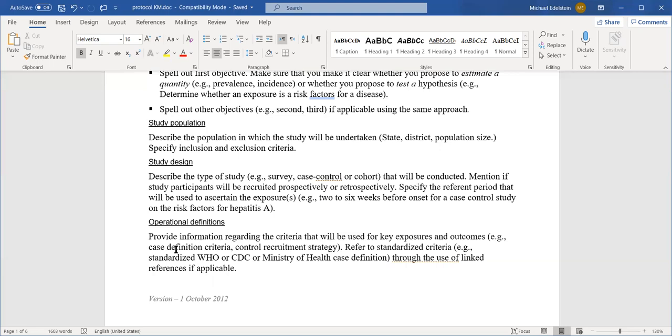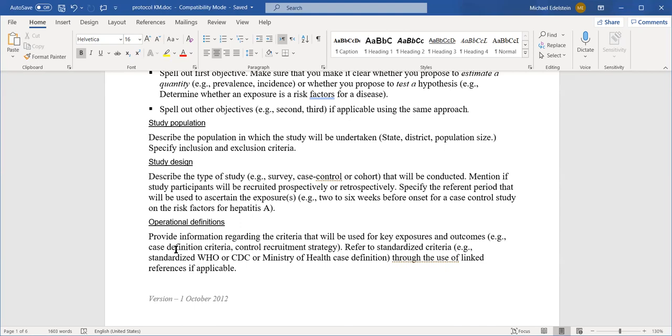I would refer you for this section to the previous lectures about study design. For example, if you're doing a case control, you want to describe who are the cases, who are the controls, how the exposure is measured, how the outcome is measured, and we'll go through these sections further down, but you really want every single element.